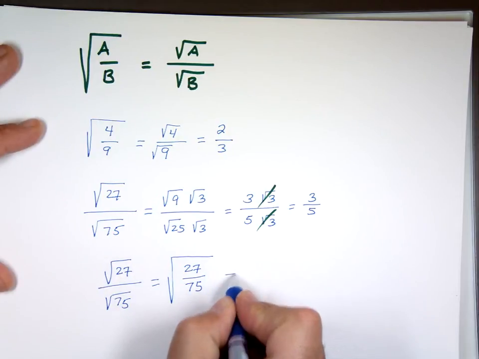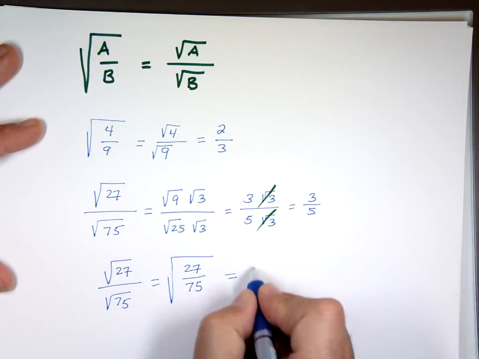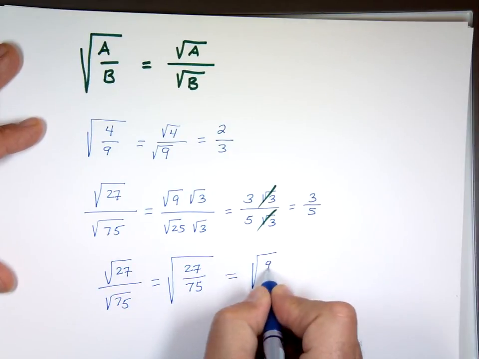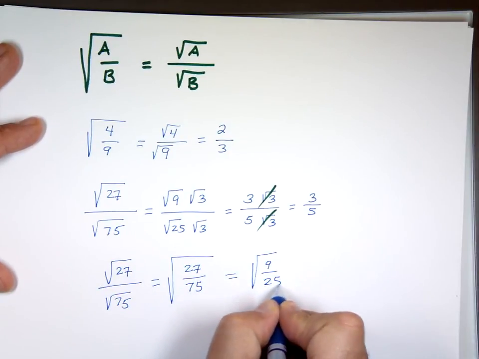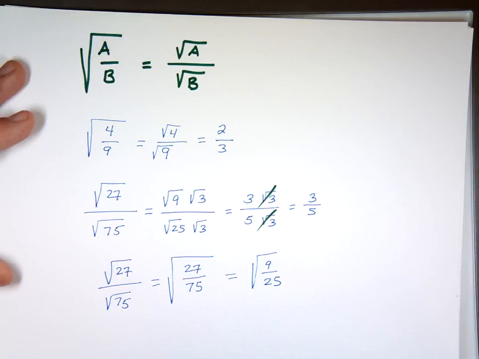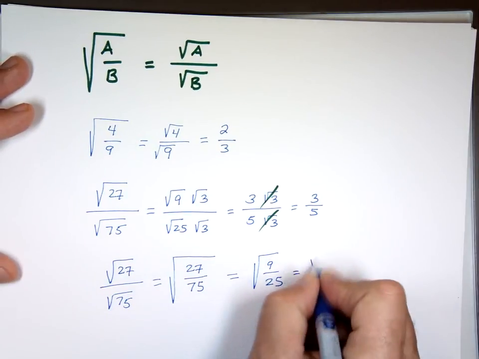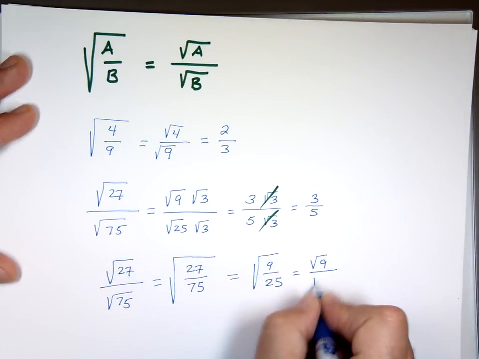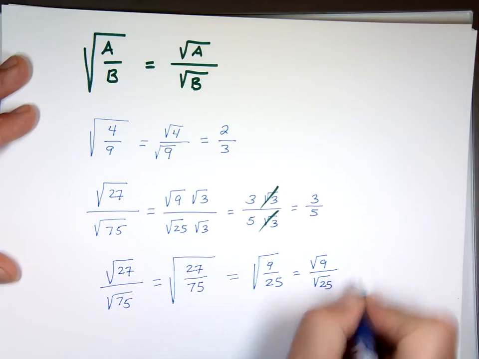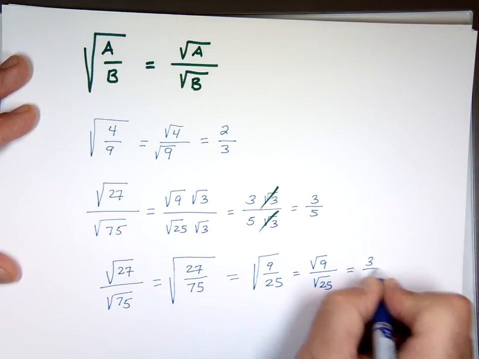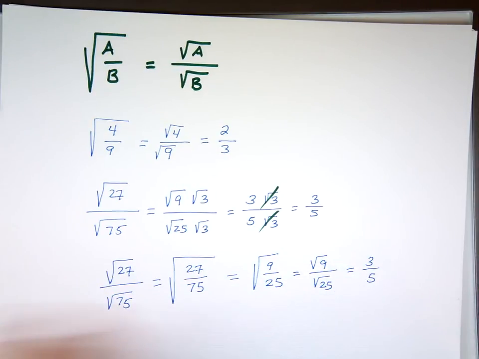If you divide both by 3, that'll be what? 9 over 25. Break it down to the square root of 9 over the square root of 25, which is 3 over 5. That's all we have to know according to our book from this section.